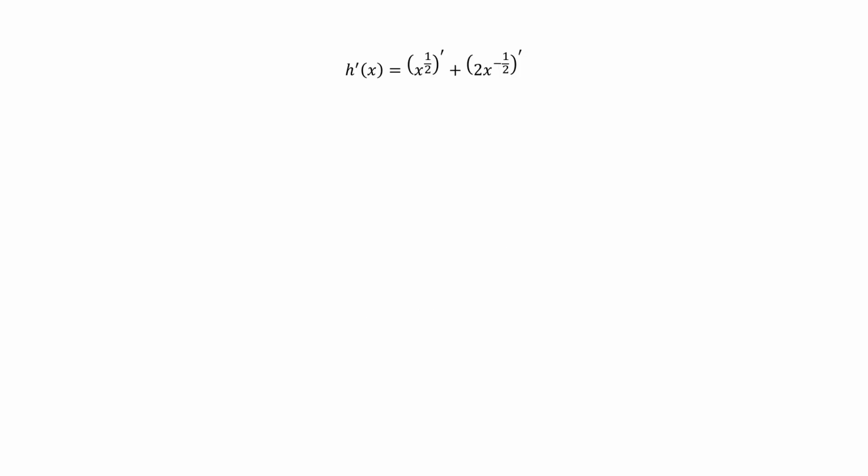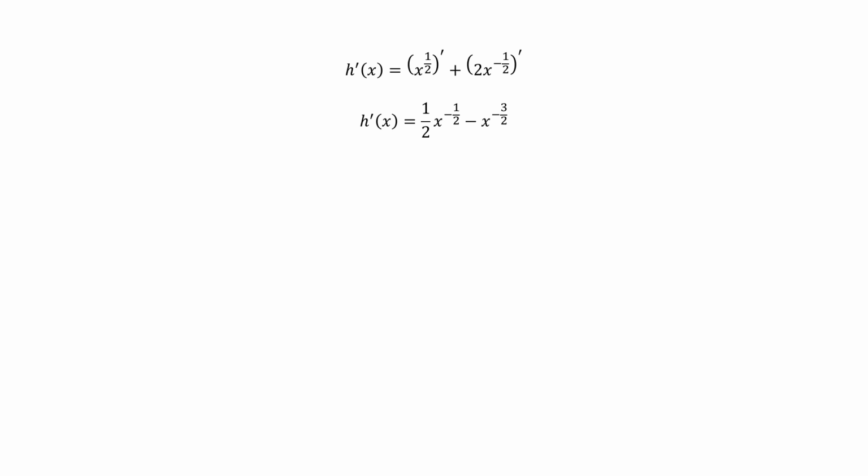We are now ready to differentiate these functions using the power rule. The derivative of the first function is 1/2 x to the minus 1/2, and the derivative of the second function is minus x to the minus 3/2. Summing these results, we get that h prime of x equals 1/2 x to the minus 1/2 minus x to the minus 3/2.